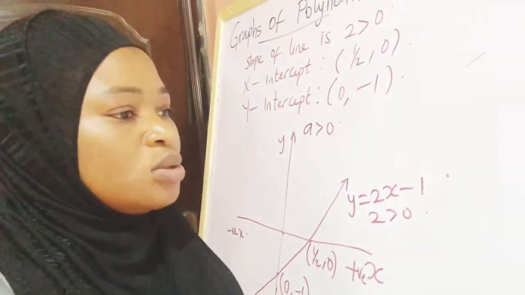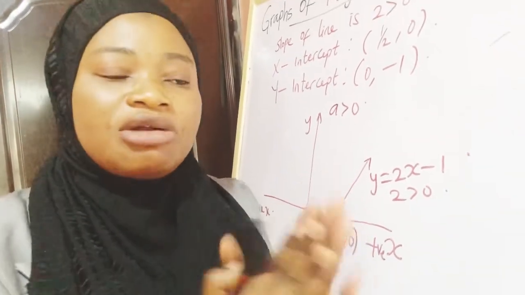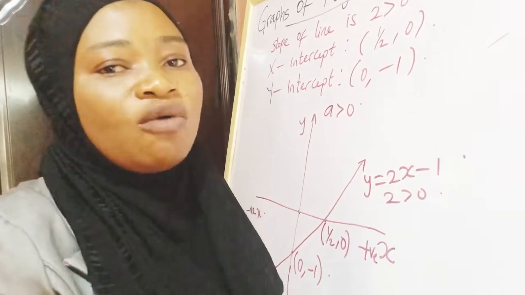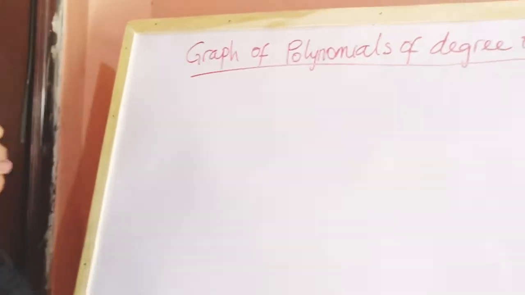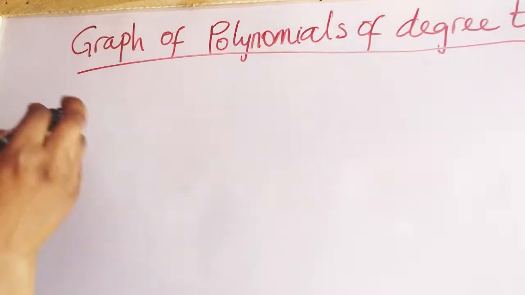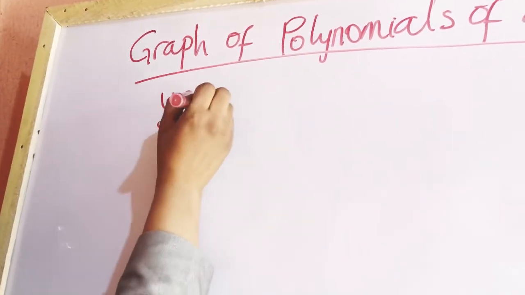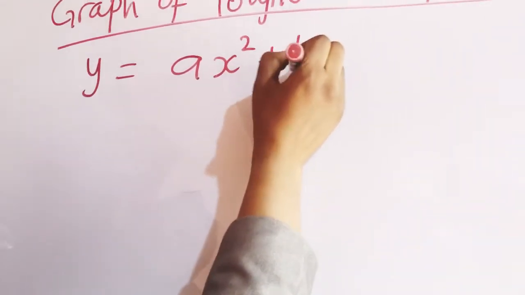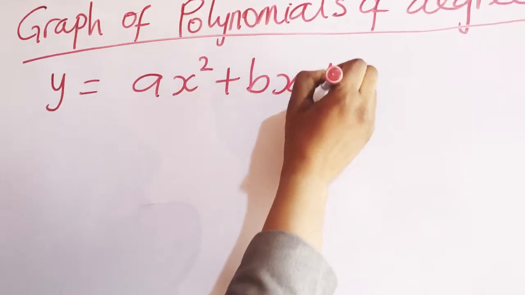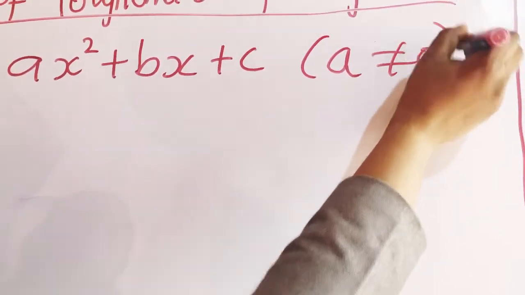So let's go to how the graph of a polynomial of degree 2 looks. The polynomial of degree 2 is usually in the form of y is equal to ax squared plus bx plus c, where a must not be equal to 0.